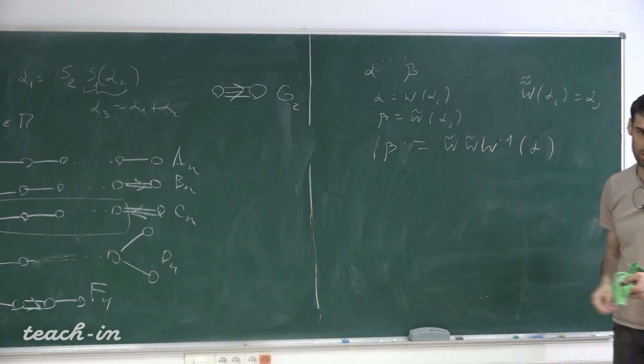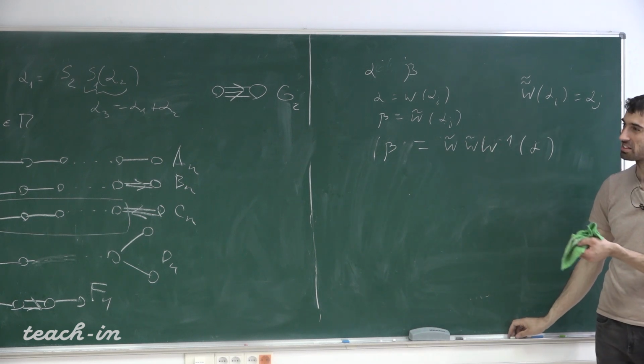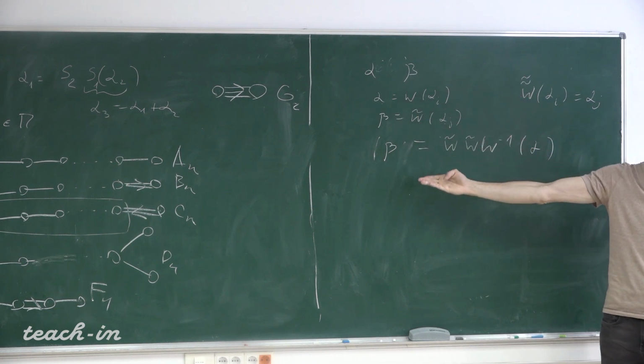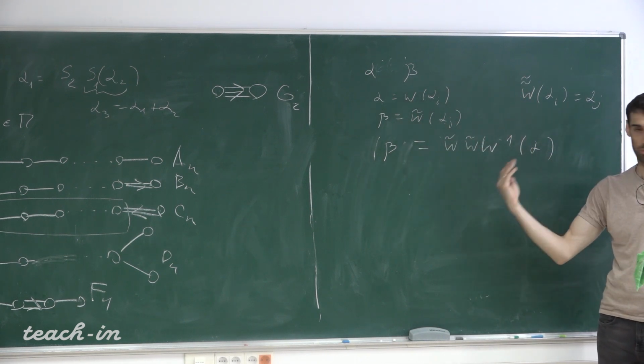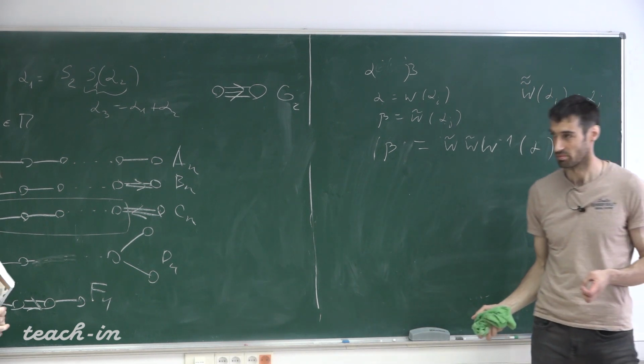So then this follows, and we proved it. Just explicitly, there exist some elements, and I explicitly wrote how the two roots alpha and beta are related. Okay, yeah, thank you.